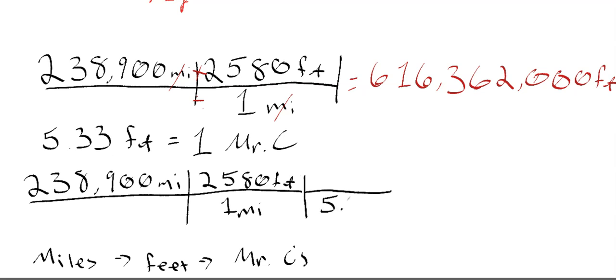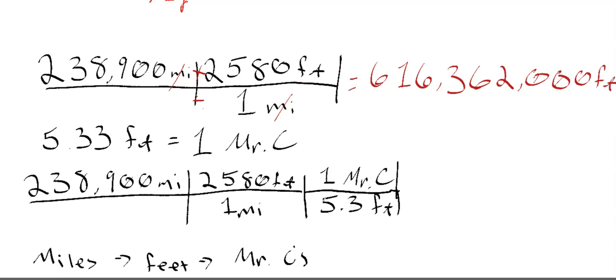So 5.3 feet will give us 1 Mr. C. Now we can do all of the plugging in. And I hope you plug this into your calculator. I cannot do this in my head. Not easily.